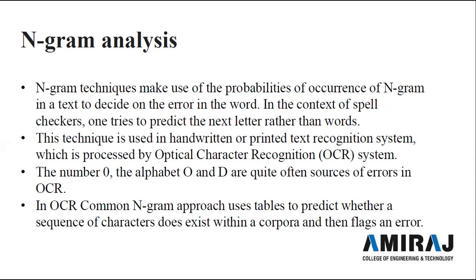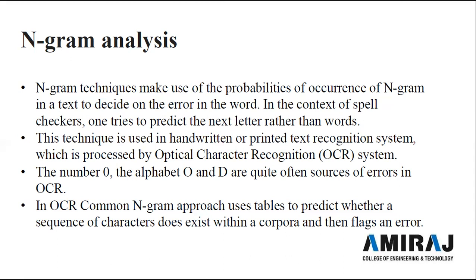So this system will use the n-gram analysis technique, where it will try to identify the next letter that should be there and then convert it into soft copy form.